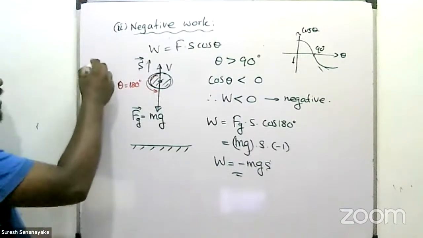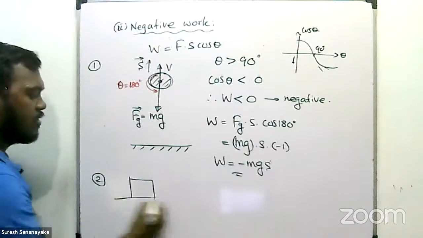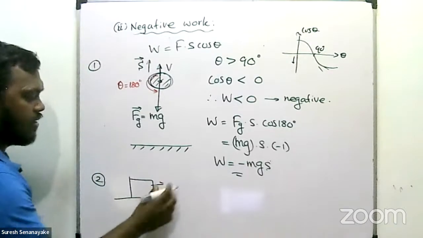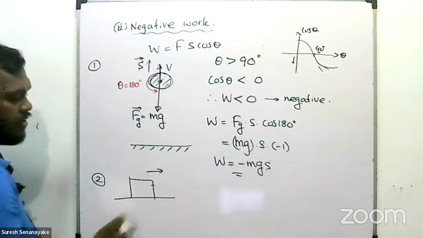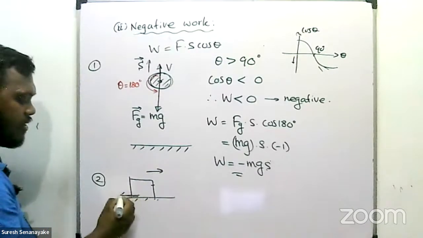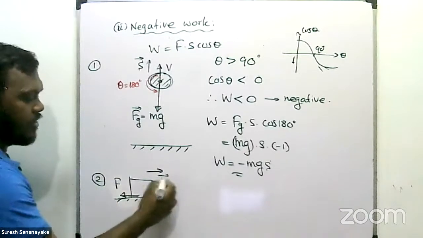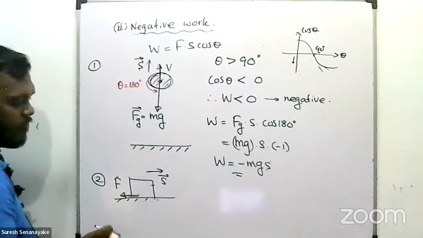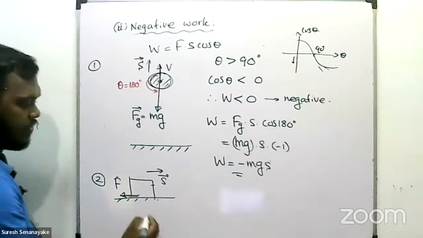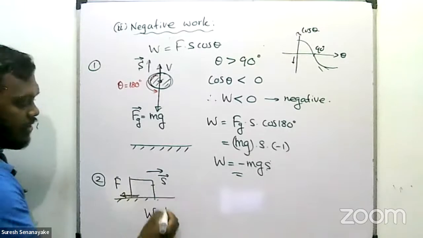Another example: the body moves in this direction. Let's say the body is moving under friction. Friction acts in this direction and the displacement is in this direction. This is friction, right? So for the work done, the angle between these two is also 180.